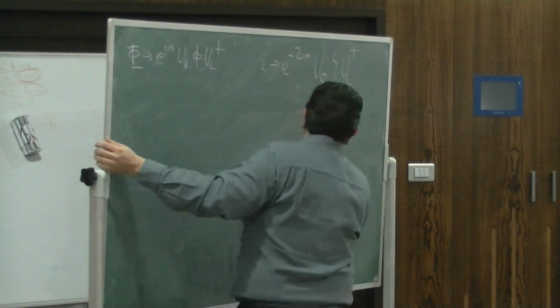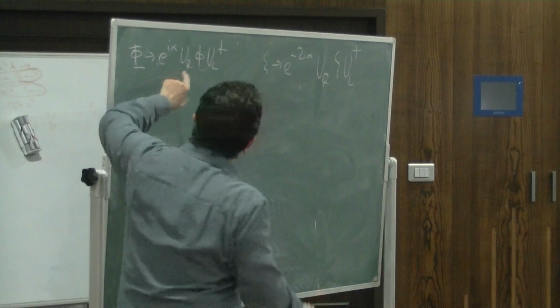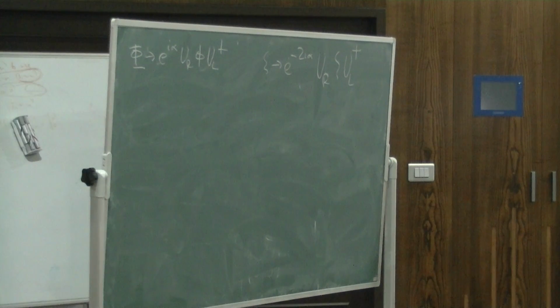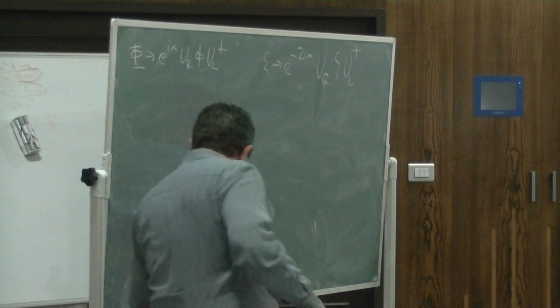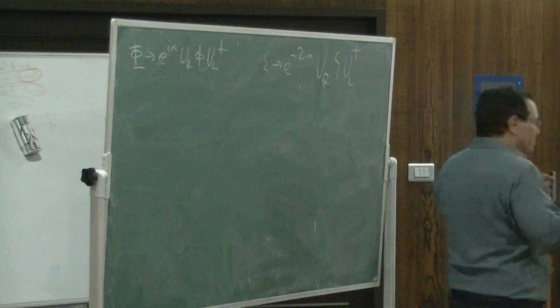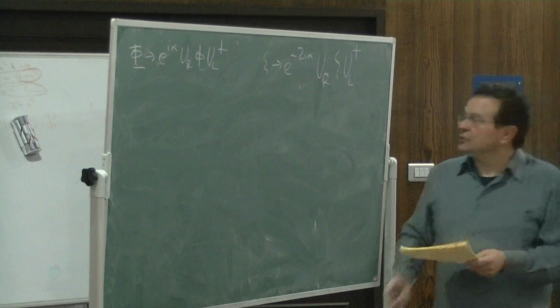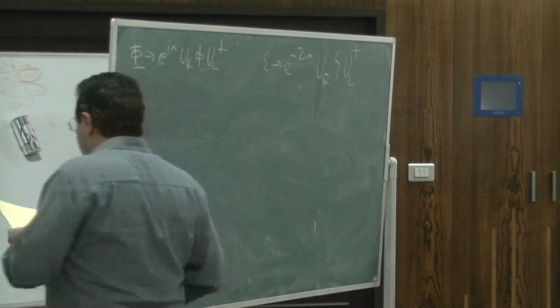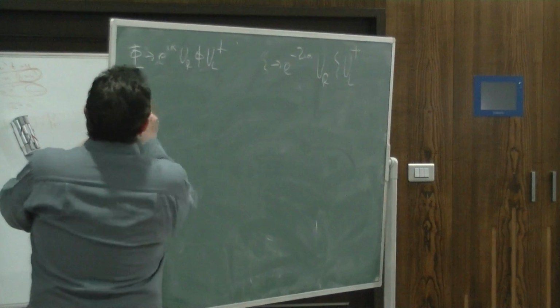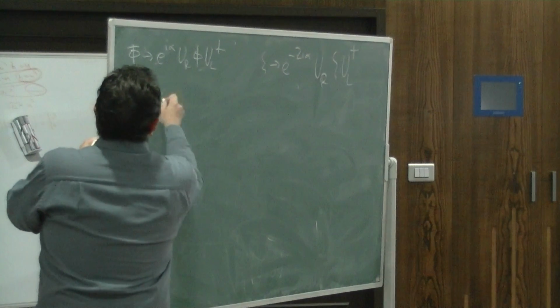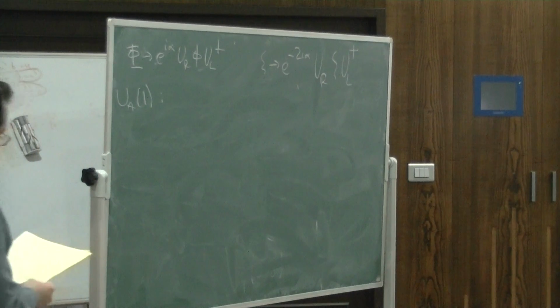It's still -2 relative to +1 because it's a diquark field. And it's -2 instead of +2 because when you have to include the representations in terms of the underlying field.